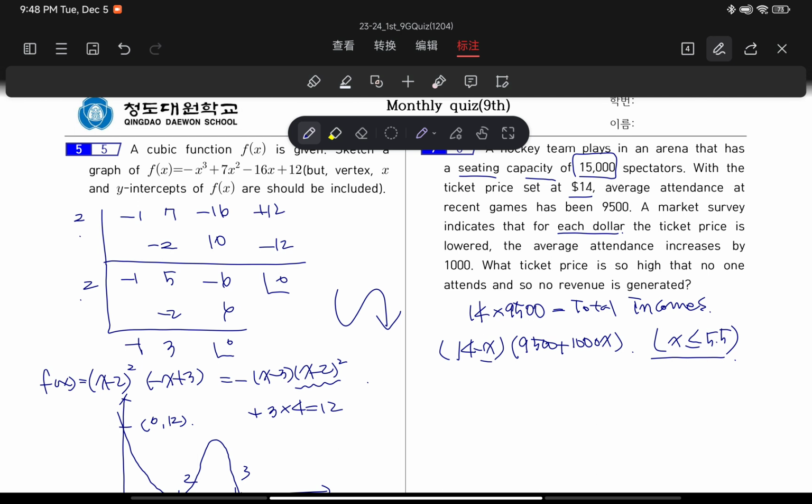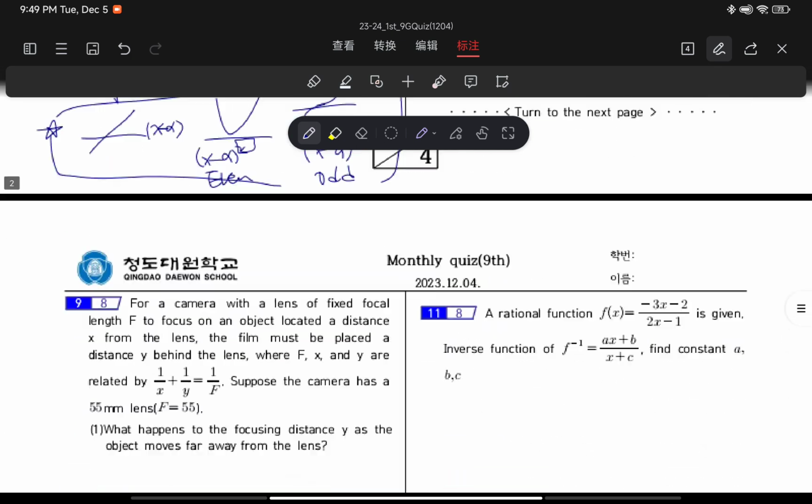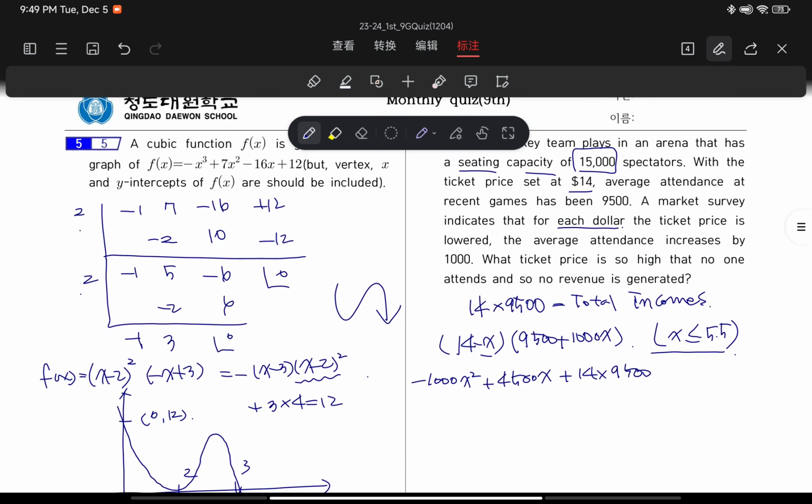Okay, let's go. Expanding these two factors: negative 1,000 x squared plus 4,500 x plus 14 times 9,500. You don't need the calculator, because we just want to know what the price is. You do not need to compute 14 times 9,500.